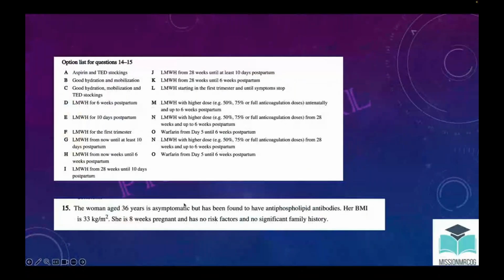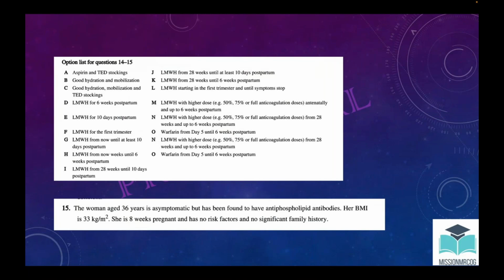Okay, the woman has antiphospholipid antibodies. Her BMI is 33, age is 36. She has no other risk factors, no family history. So how many risk factors does she have?